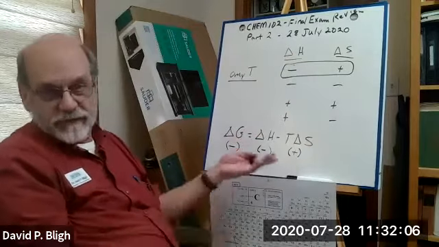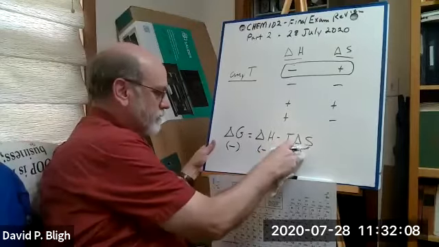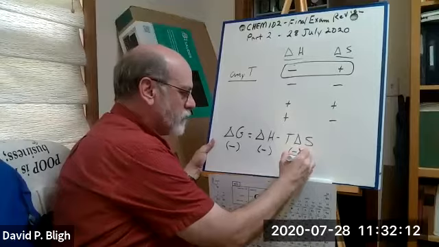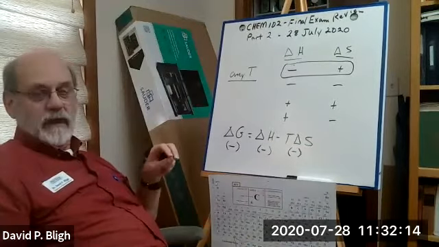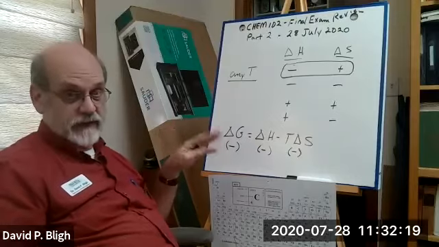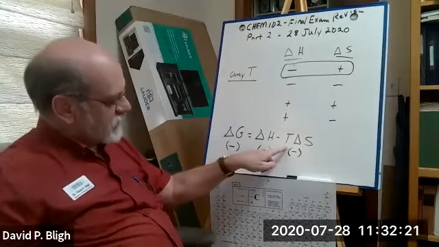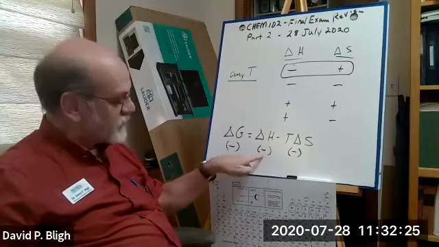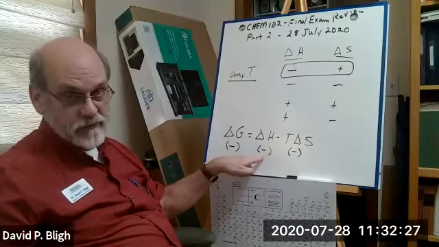Okay? What if they're all negative? Under what temperature regime, because we know now the temperature is going to have an impact, right? Because if the temperature is large enough, a negative times a negative makes it more positive than that negative, right?